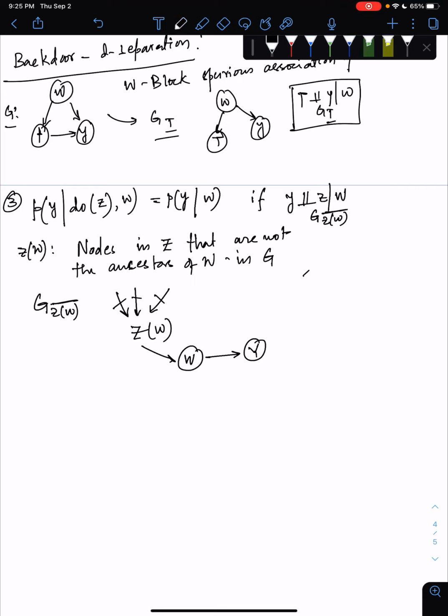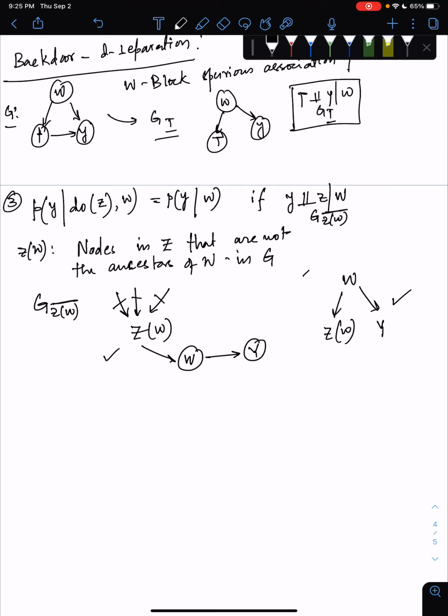So W can be in the middle of a causal chain, or W can be in the middle of a fork. Now let's think about whether this thing can be possible or this thing can be possible.